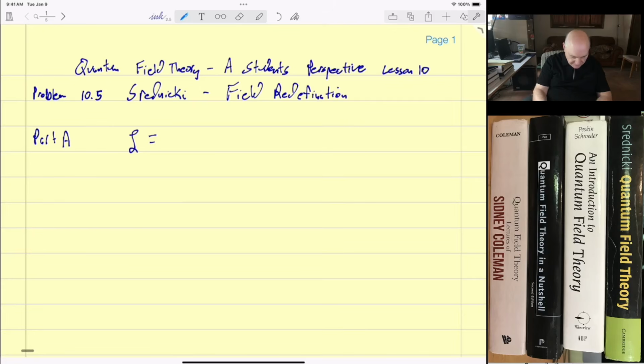We have a free field Lagrangian, our standard scalar free field Lagrangian. I'll just call this free field theory, scalar.